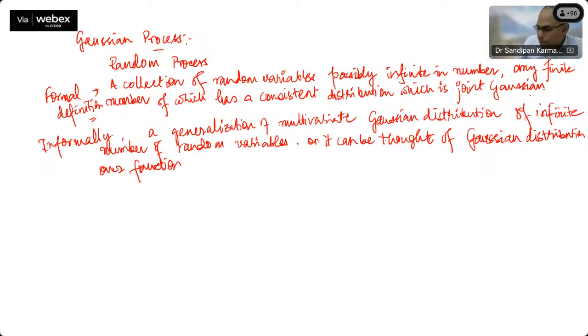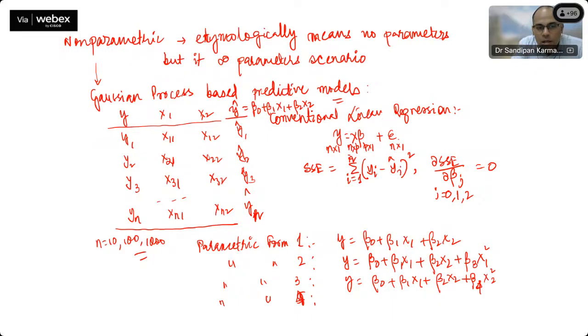If I go back to simple parametric regression, whenever I assume a particular parametric form, I am creating functions of variables on the predictor side. So x1, x2 are the linear ones, x1 squared is the squared one, and x1 x2 is the interaction term.